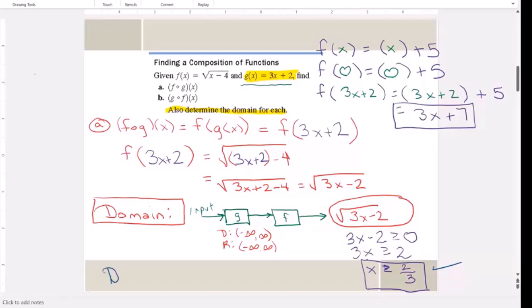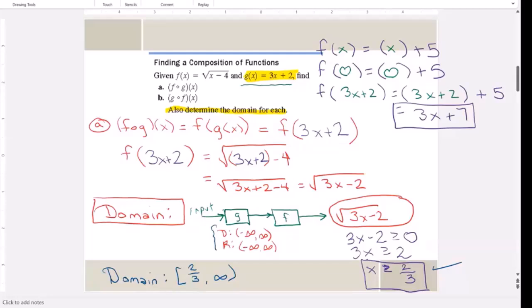The domain of this entire composition would be, well, x has got to be greater than or equal to 2/3, which means I can only start at 2/3. And I can go all the way to infinity. And that's true also because I can put any value into f that's coming out of g. Okay, so I don't have to worry about g by itself, but I do have to worry about the composition.